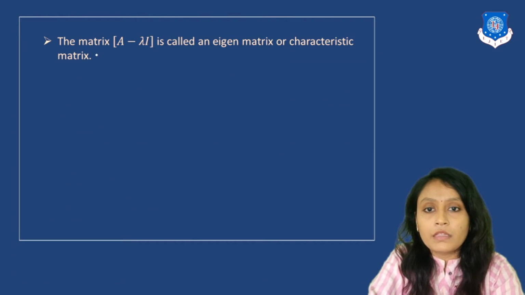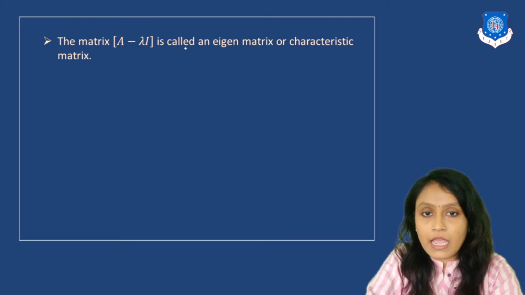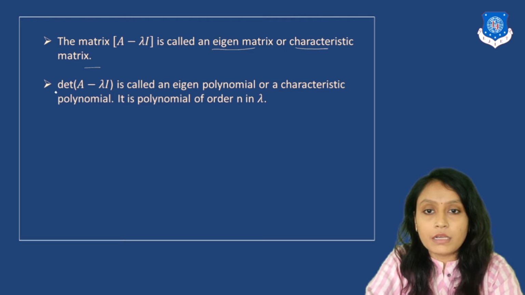Now the matrix A minus lambda I is called the eigenmatrix or characteristic matrix, and the determinant of A minus lambda I is called the eigenpolynomial or characteristic polynomial. It is a polynomial of order n in lambda.